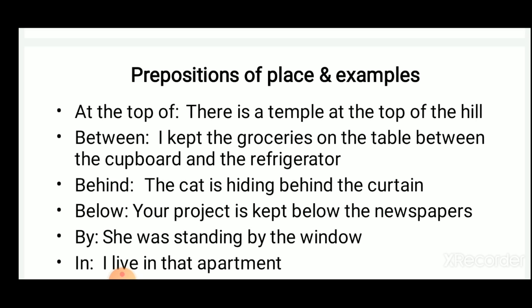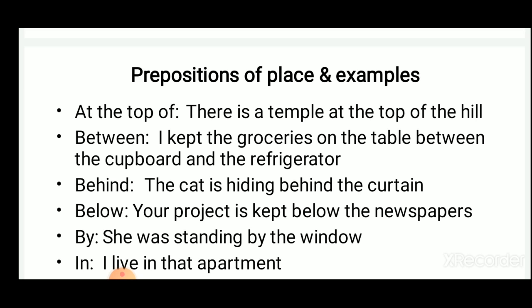Between: I kept the groceries on the table between the cupboard and the refrigerator. Means two points of places are being shown here, and one thing is being placed here between these two points of places.